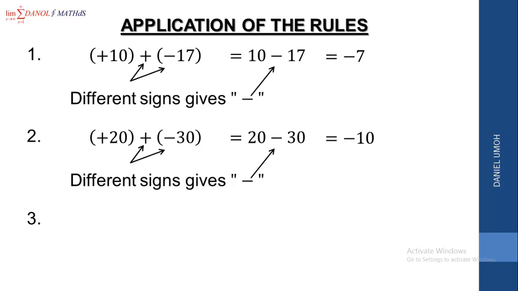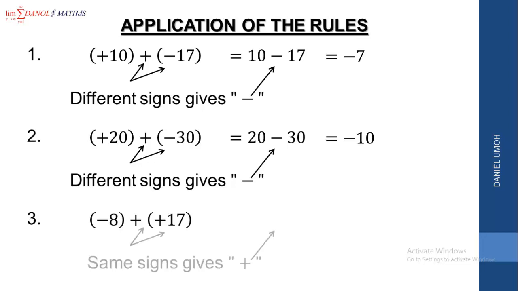Okay, another application, number 3. Minus 8 plus 17. You can see that plus and plus are together. So same signs give us plus. Therefore, what we are going to have is minus 8 plus 17. So, if we check it out, you know that 17 minus 8 gives us 9.